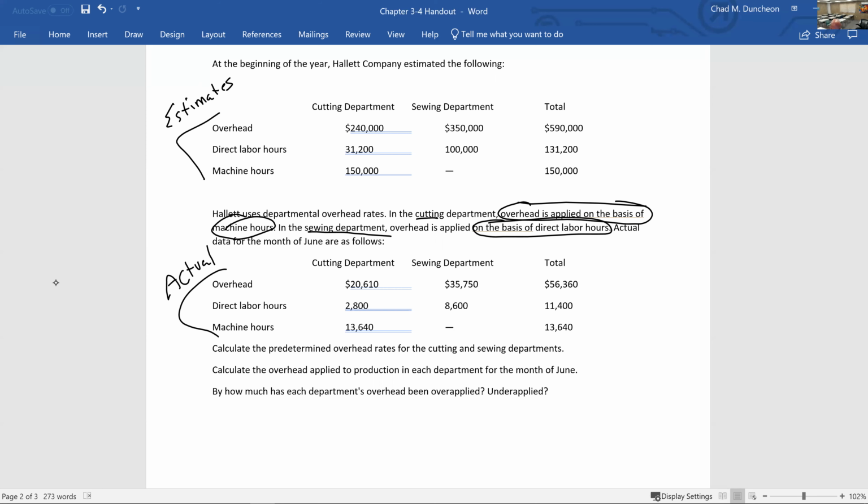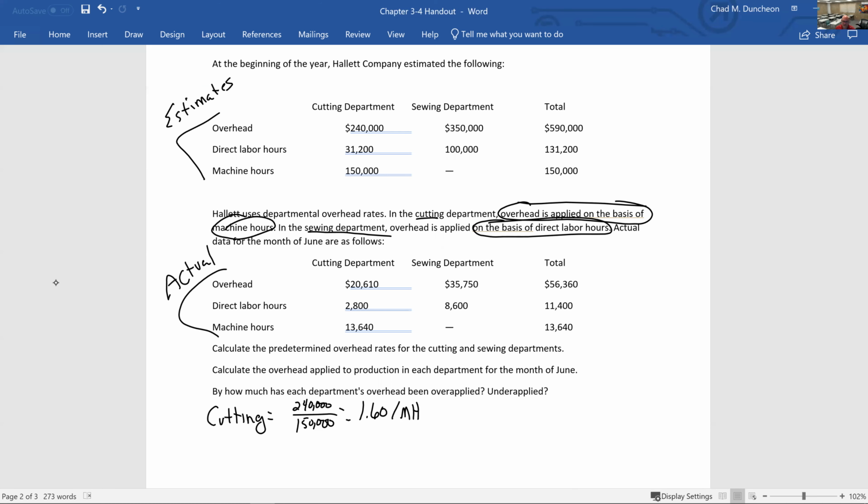It says calculate the predetermined overhead rates for each department. For the cutting, we're going by machine hours. Remember, anytime we are getting these rates, we are using estimates. Our estimated cost in the cutting department is $240,000. The estimated machine hours are 150,000. We divide that out, and we are going to charge that out at $1.60 per machine hour.